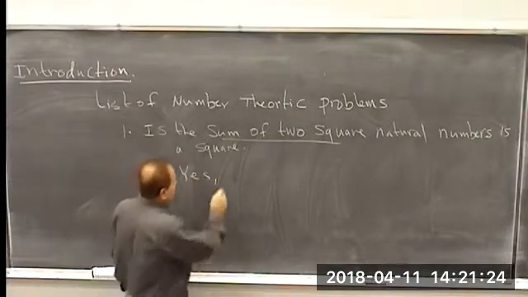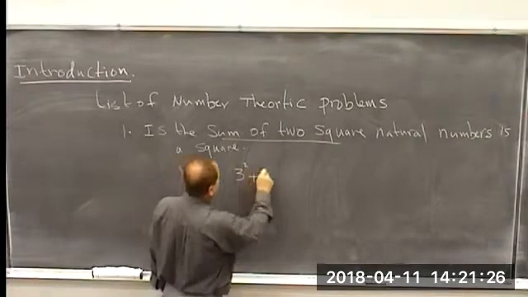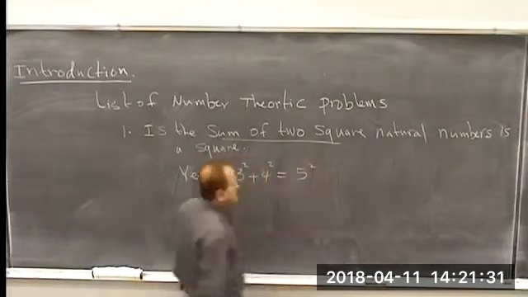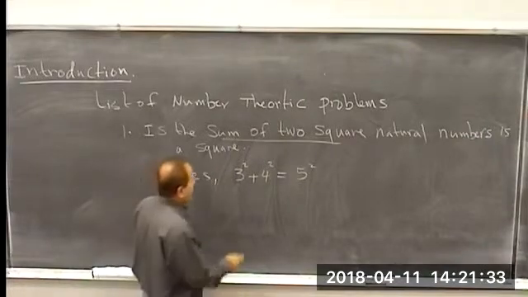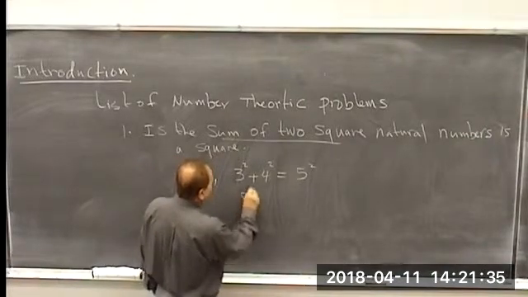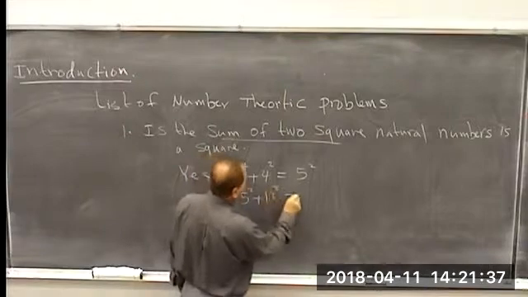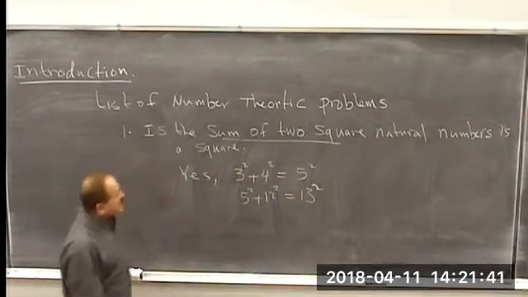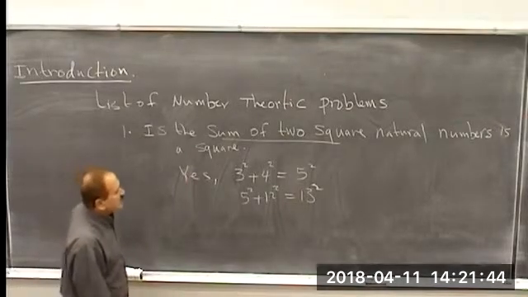For example, 3 squared plus 4 squared is 5 squared. We also have 5 squared plus 12 squared equals 13 squared. And these two examples are 2 out of infinitely many.